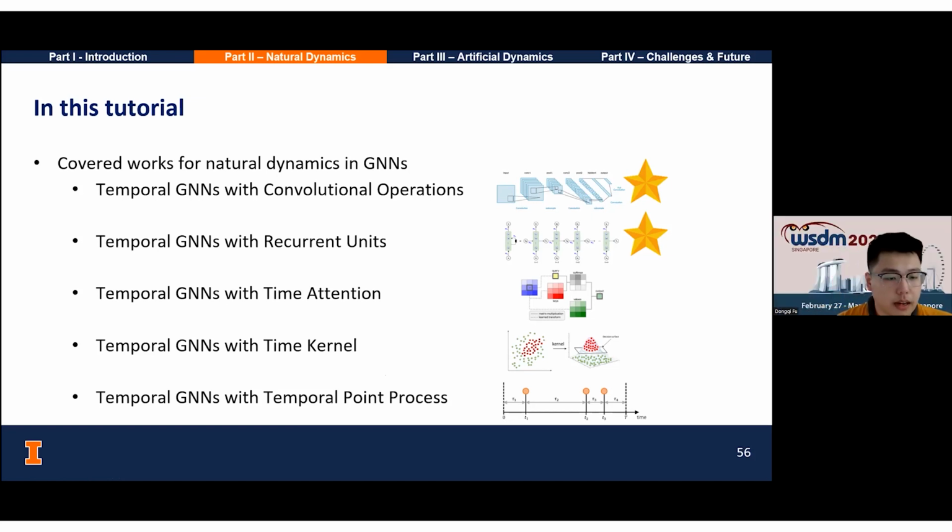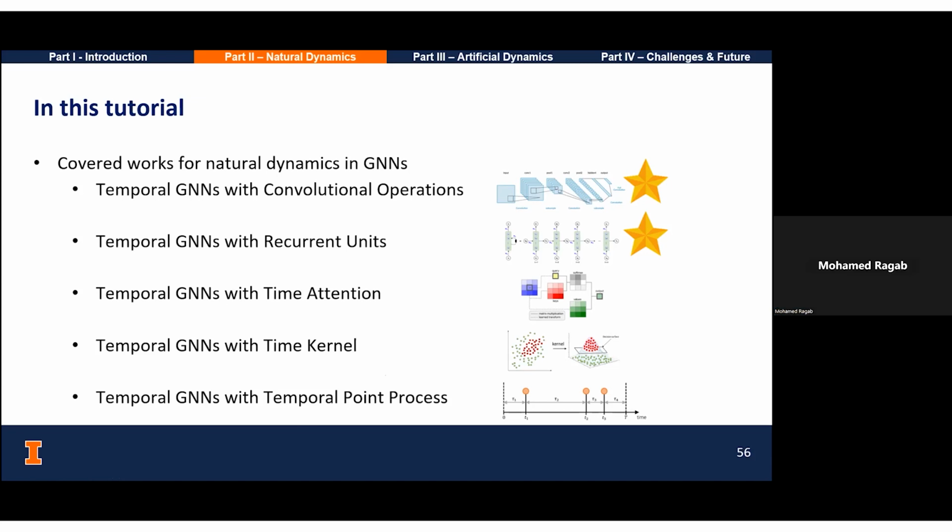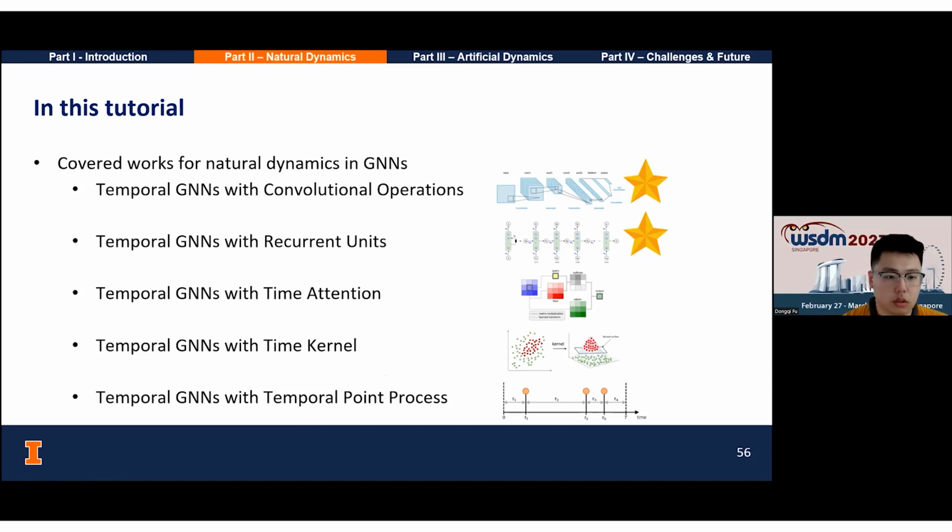Yeah, I suppose if I understand your question clearly, you are asking if they follow the chronological order for publishing their papers? Yes. Okay, based on my knowledge, the first attempt to deal with the dynamics or the evolving features or evolving topologies in graph neural networks starts from the convolutional operations or the GNN structures. Following that, we step into the area of recurrent neural networks or the RNN architecture.